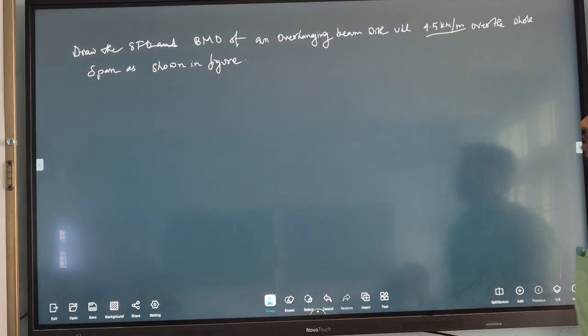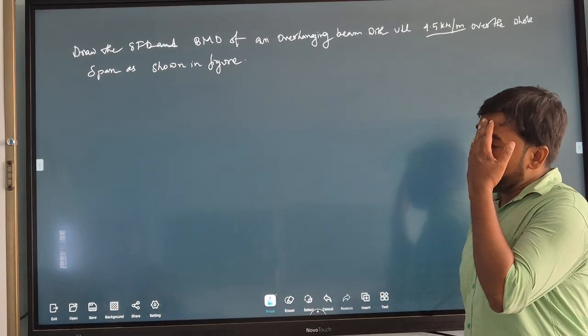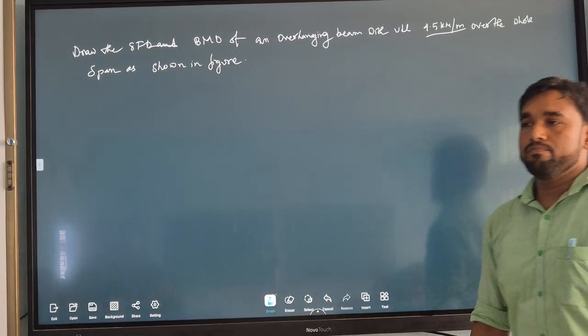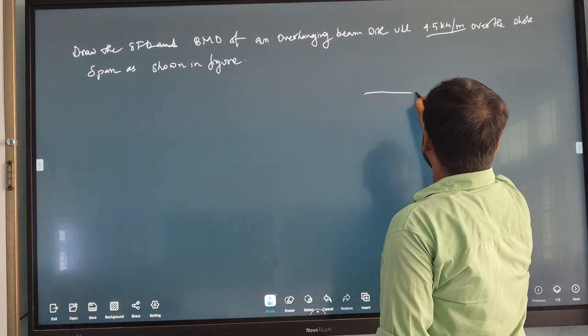So, to solve this problem, first we have to draw the beam with UDL.